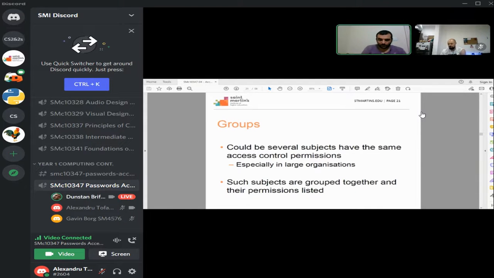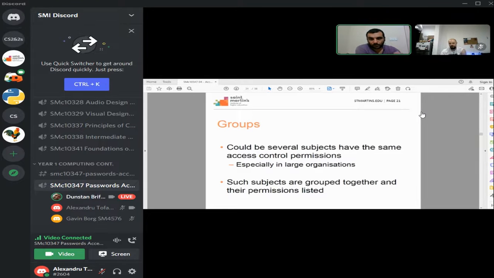So you've got three different groups. Each of these groups has a different set of rights. Students can access certain things, lecturers can access other things, and the administration staff can access other things, right?